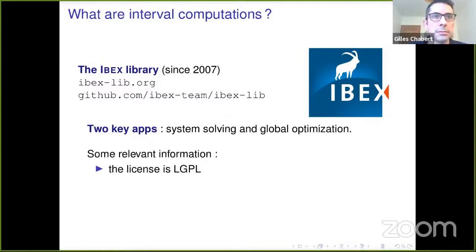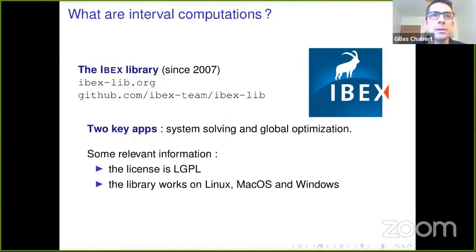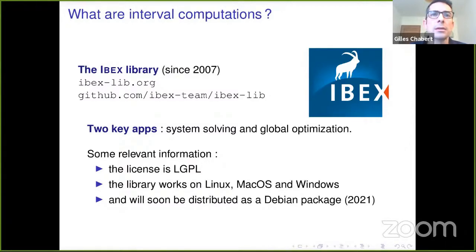And some relevant facts: the library is open source, it works on every platform, and it will soon be distributed as a standard Debian package, and we are working hard on it these days.